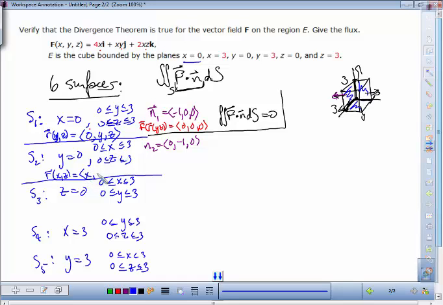It'll be x in the x, 0 in the y, and z in the z, so that when I put my function in, my x is x, my y is 0, my z is z.